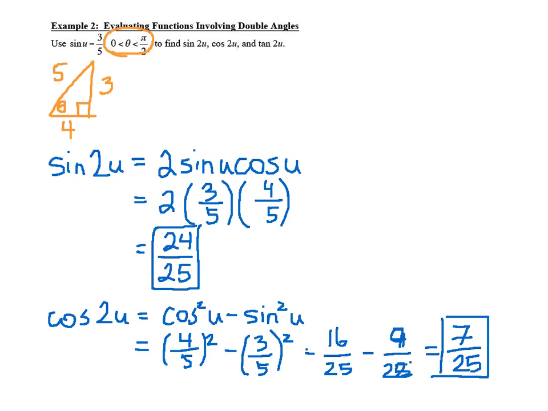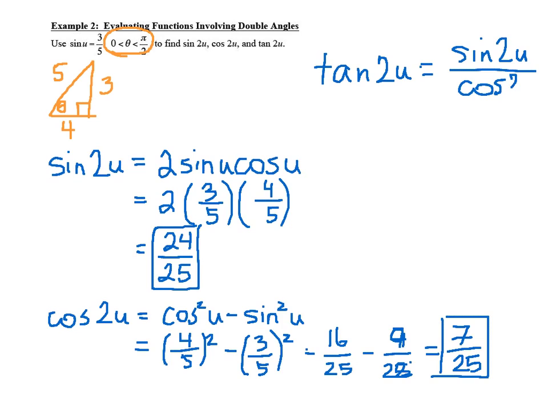Now the tangent of 2u, you can actually use your formulas, or there is one way you can make this a little bit easier. The tangent of 2u is equal to, you can take the sine of 2u divided by the cosine of 2u.